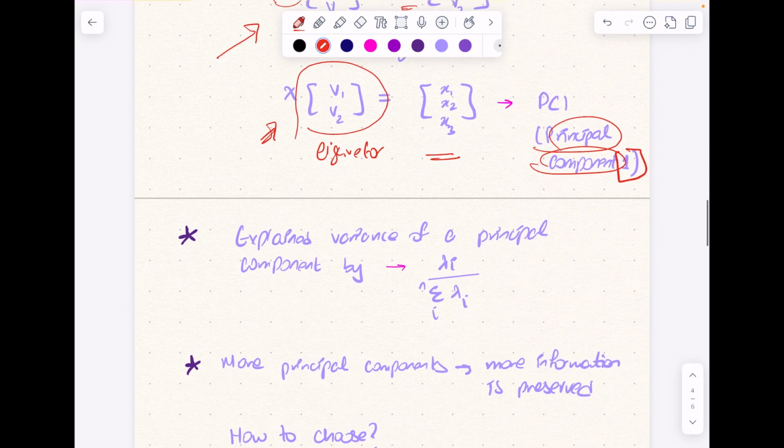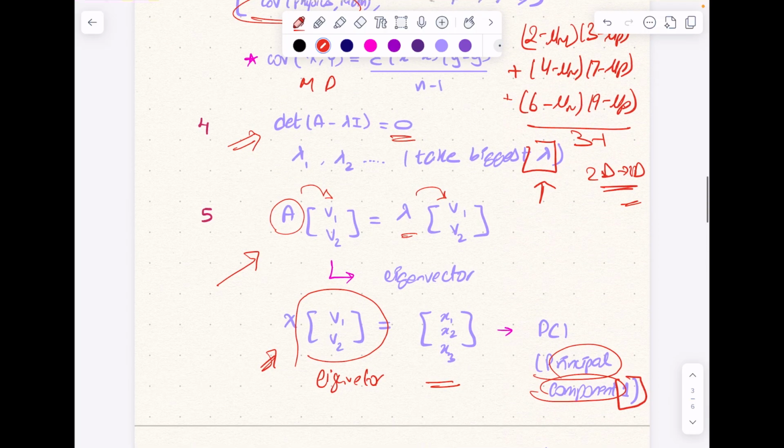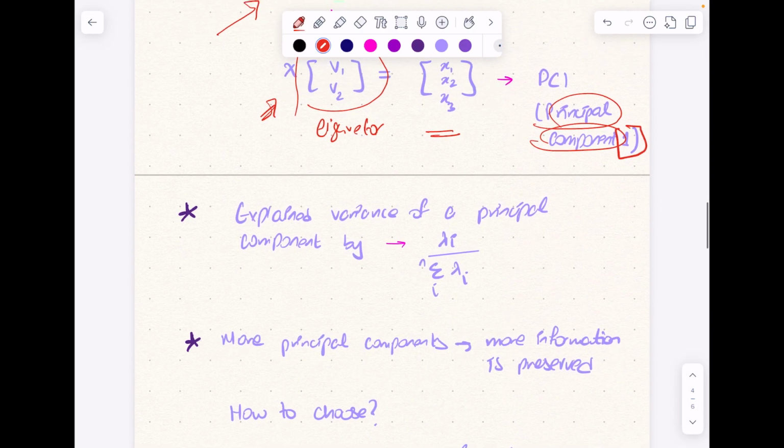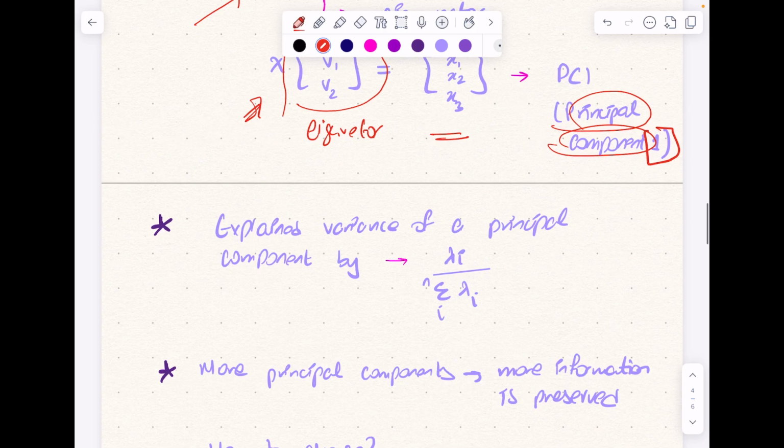There's a chance you may decide to project 1000-dimension data down to 50 dimensions, and then you would have 50 principal components, and so on. Each one of these principal components explains a different percentage of variance in your data depending on the eigenvalue. What did I say the eigenvalue was?